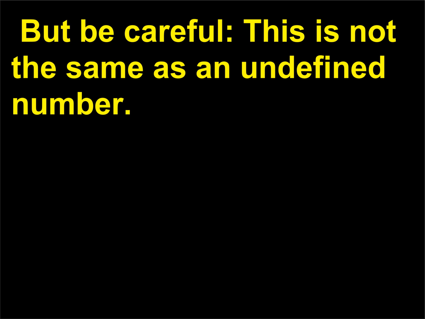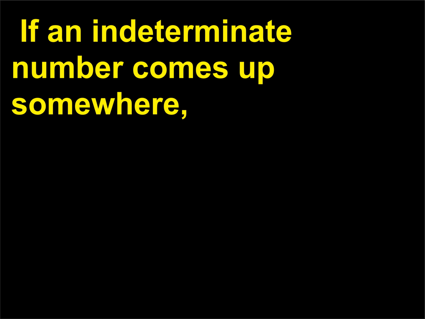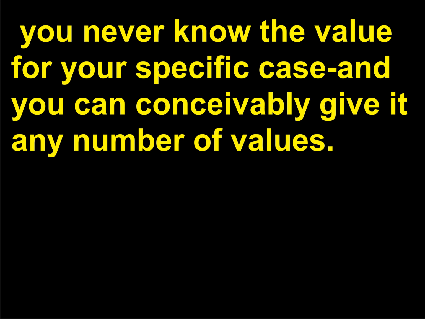But be careful, this is not the same as an undefined number. If an indeterminate number comes up somewhere, you never know the value for your specific case and you can conceivably give it any number of values.